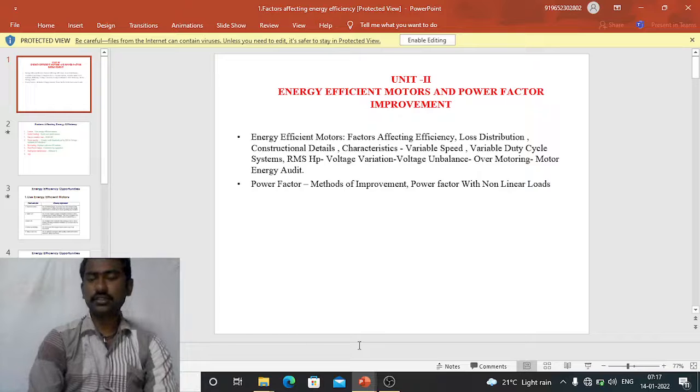In this we will discuss the factors affecting the efficiency, loss distribution and construction details, characteristics and variable speed, variable duty systems, cycle systems, RMS HP, voltage variation, voltage unbalance, over motoring, and motor energy audit. And the second part is power factor, methods of improvement of power factor, and power factor with non-linear loads.